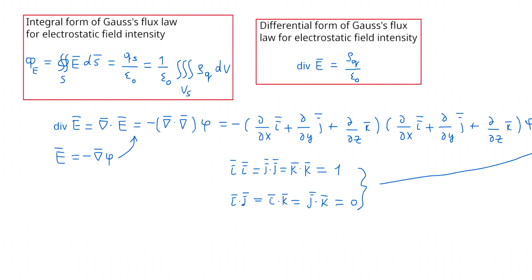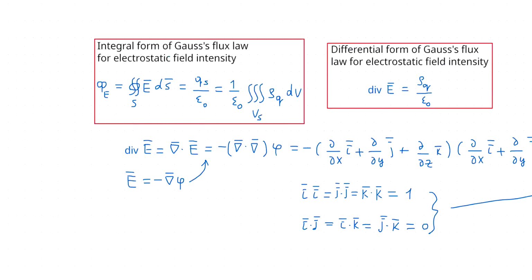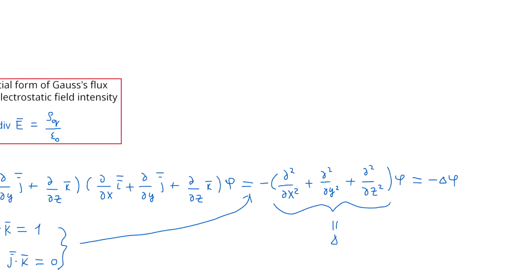So we have got that divergence E is equal to minus Laplace phi.